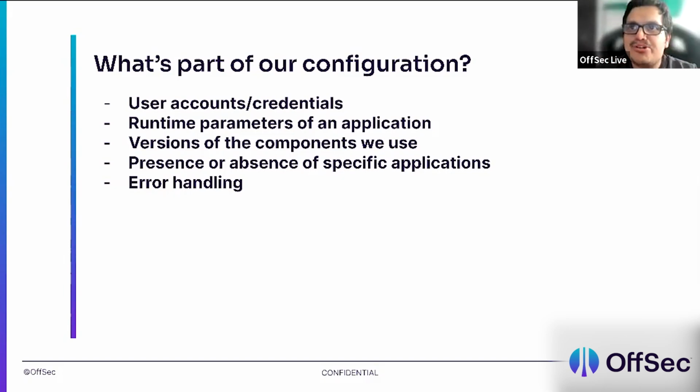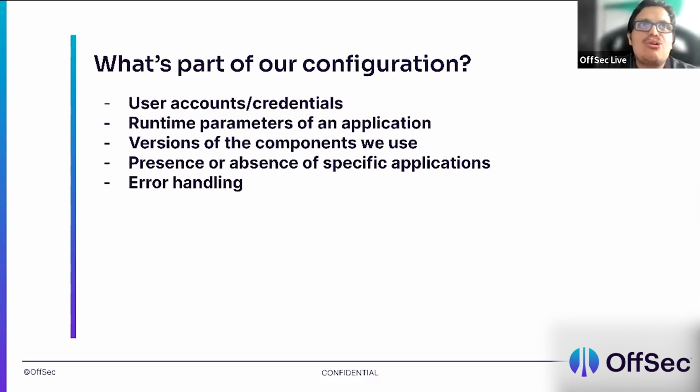The runtime parameters, what we define when we are running, for example, a Node app and using the .env file, that's part of our configuration. The version of a plugin we use.